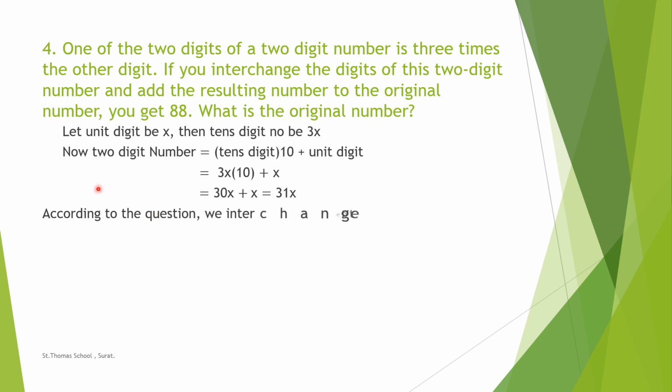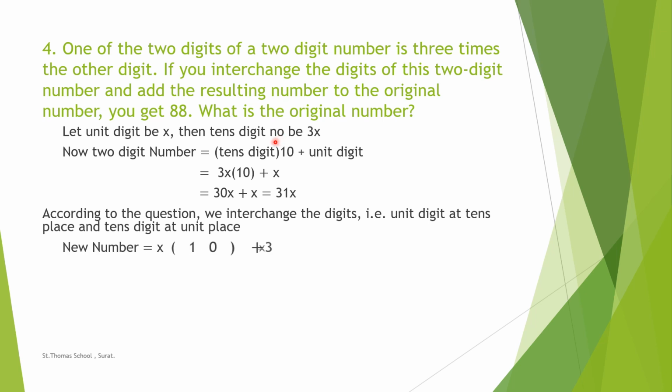Now, according to the question, we interchange the digit, that is, unit digit at tens place and tens digit at unit place. Is it clear? That means interchange x and 3x. 3x will come in unit digit and x comes in tens digit. So, what is the new number? x multiplied by 10 plus 3x multiplied by 1. That means 3x. Now, 10 into x, 10x plus 3x, that is 13x.